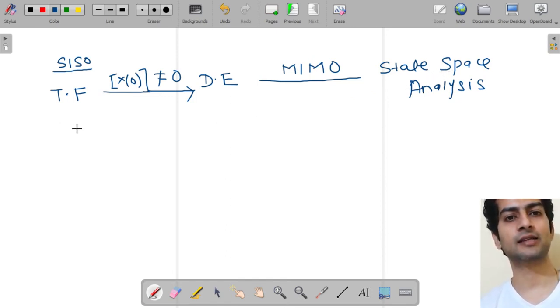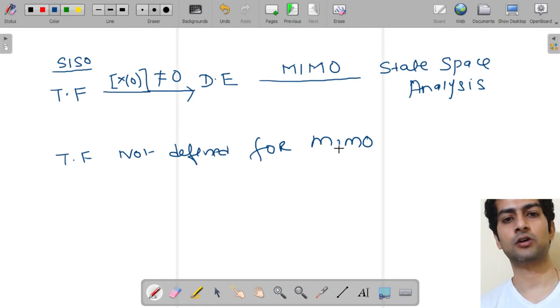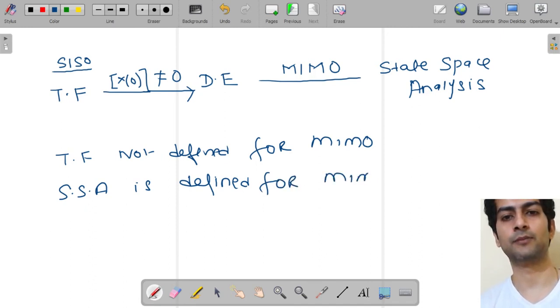Transfer function has a limitation: it is not defined for a MIMO system, but state space analysis is defined for a MIMO system.